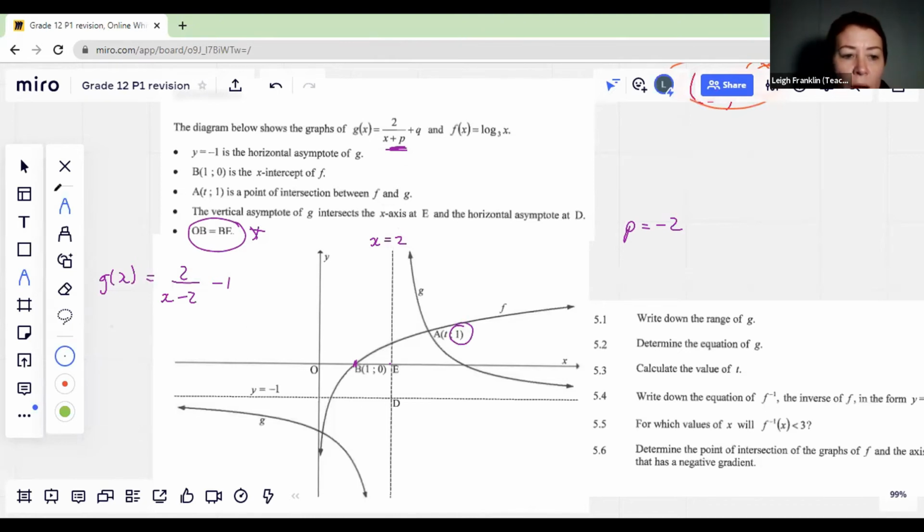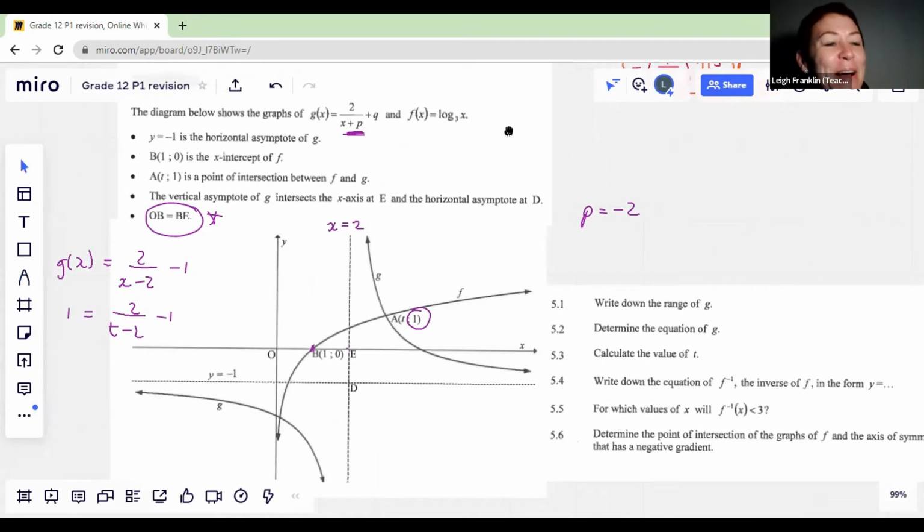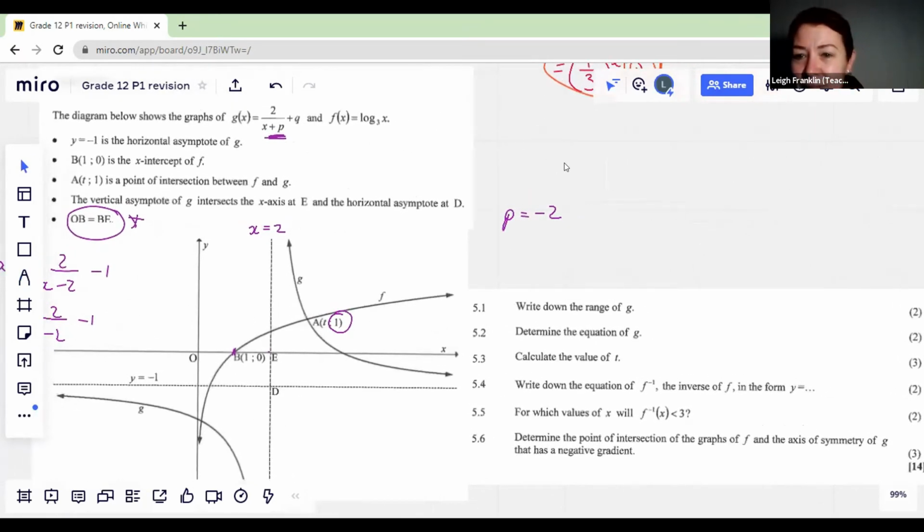So I'm going to replace y with 1, and I'm going to replace x with t. Hey, how easy is that? It's something so simple. All right, so that's how you'd work out what t is. You can also use logs if you want, but that's probably the... Okay. Thank you. No problem.